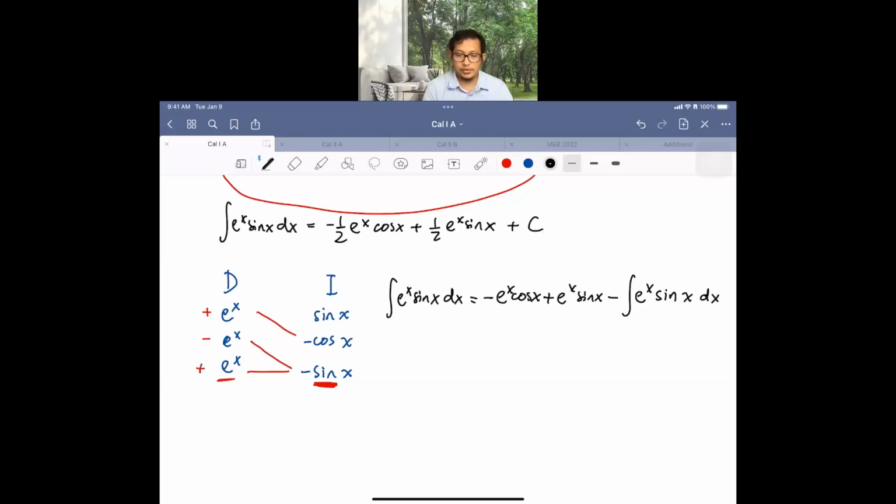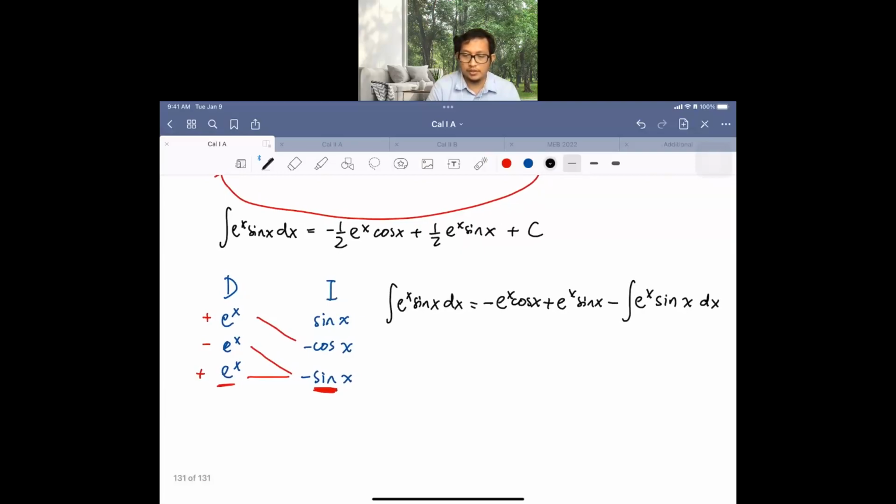Okay, the last one on the bottom, you need to write in terms of the integral. And then we solve as we did before. So we are going to rearrange. We move this to the left side, and then we can solve.